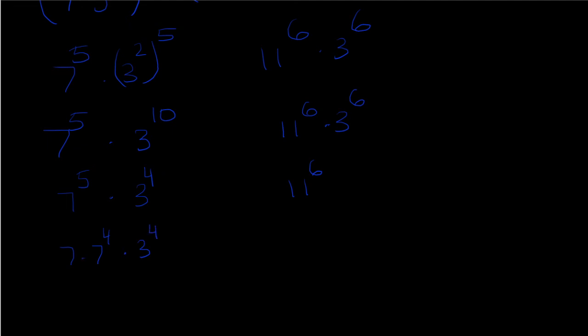And then I can break this up. 11 to the 6th could be 11 squared times 11 to the 4th. There's a reason why I'm going to do this, because I'm going to want to bring everything under the exponent of 4. This 7 and 3 that we're multiplying here, we can get it all under the power of 4.